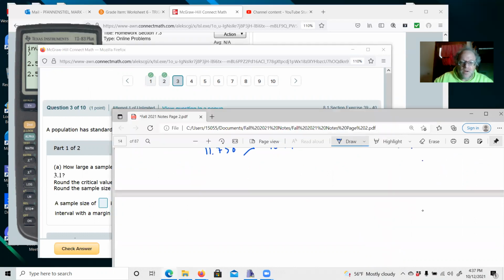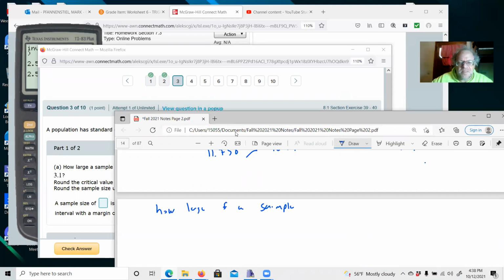All right. How large of a sample? This is the only question anybody ever cares about: how big does my sample have to be to see a result?